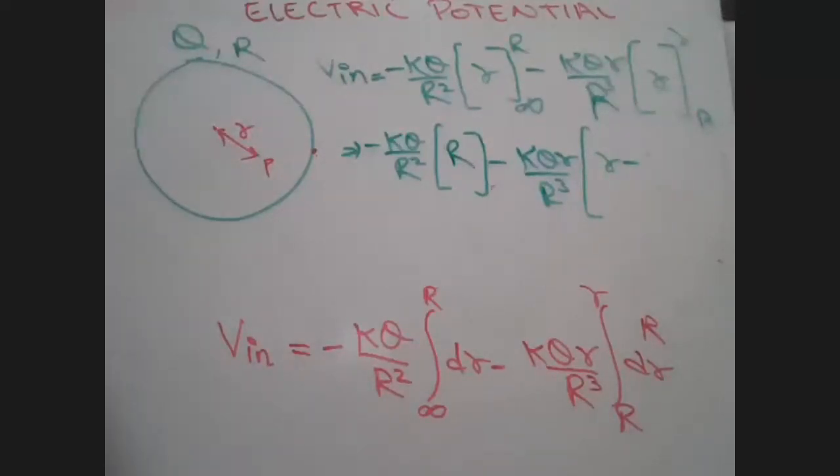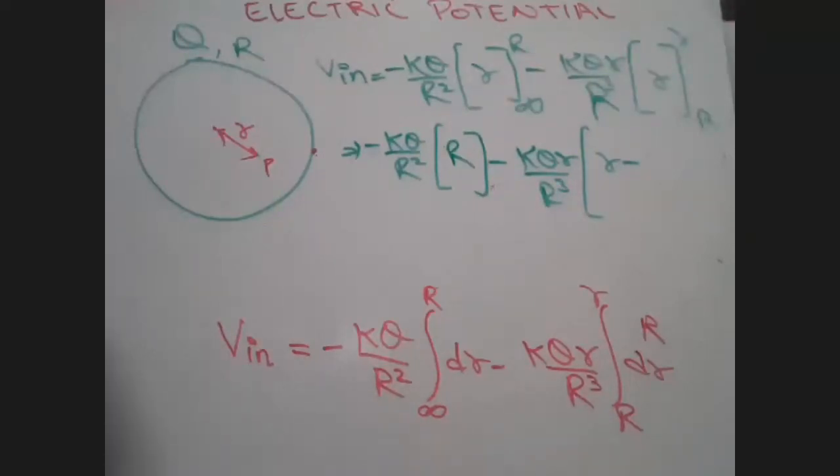Sir, small r because it is varying. Yes, small r is varying. Anyone else understood the mistake?